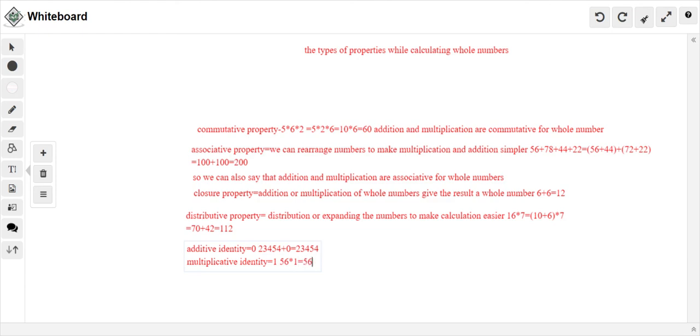So that's it. The properties are commutative, associative, closure, and distributive. And there are two extra properties, additive and multiplicative identity, which are just something we learned when we learned multiplication and addition. That's it for now. Guru Ninja.